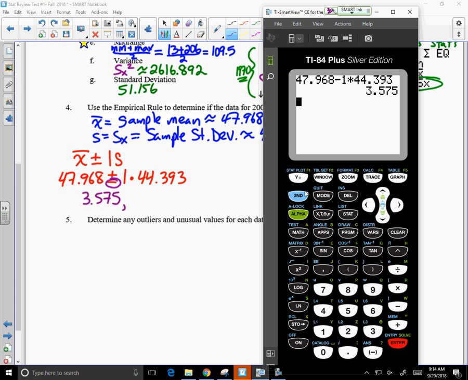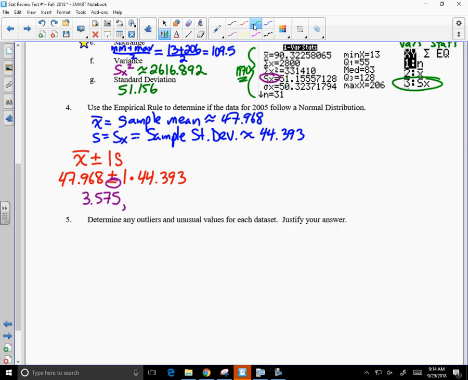Then second enter to bring back the last calculation. Change the minus to a plus so that we get the upper bound, 92.361. All right, so that's our interval for 1 standard deviation about the mean.